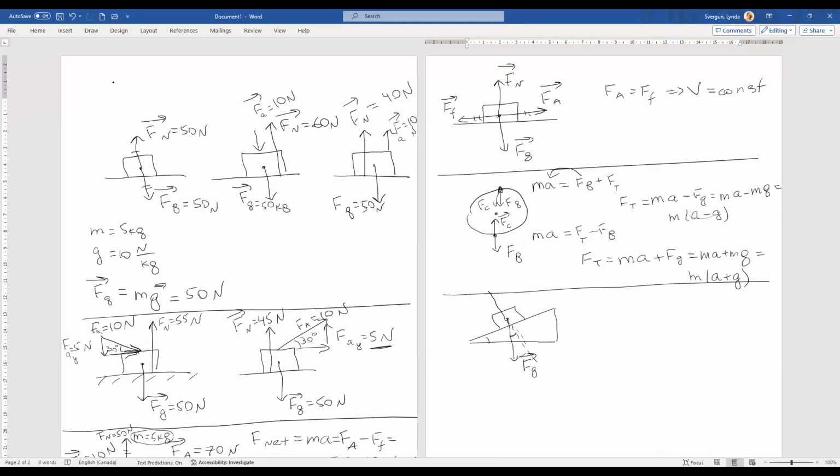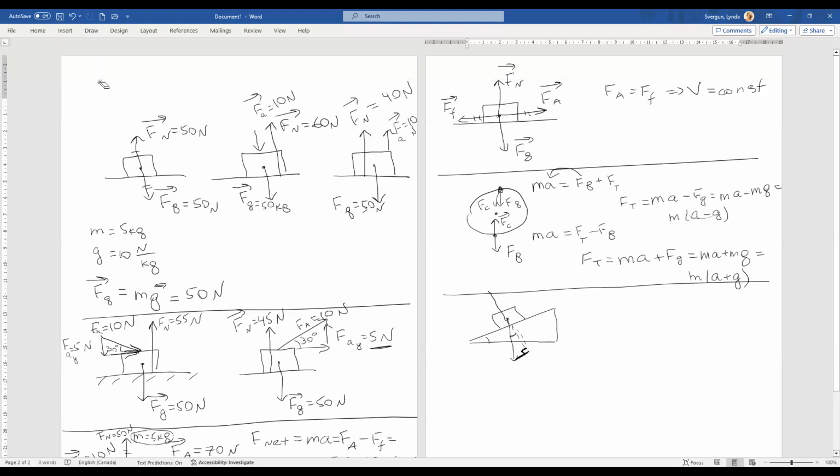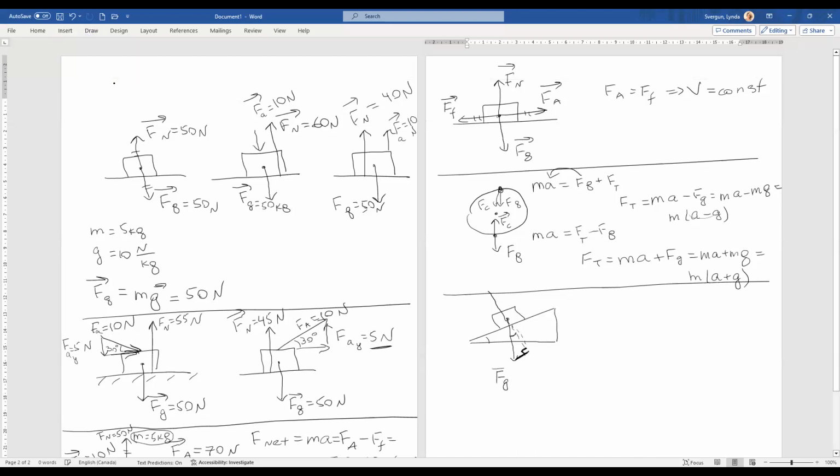And here you have 90 degrees. So it's very important to make proper size and proper direction. Okay, so to show force of gravity, it's better to show force of gravity right near the end of the vector. Okay, so here is your force of gravity. Here your normal force.